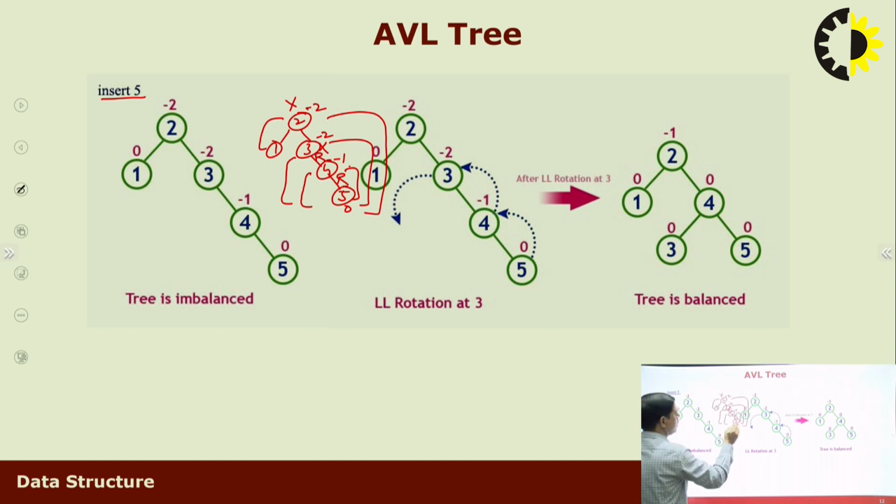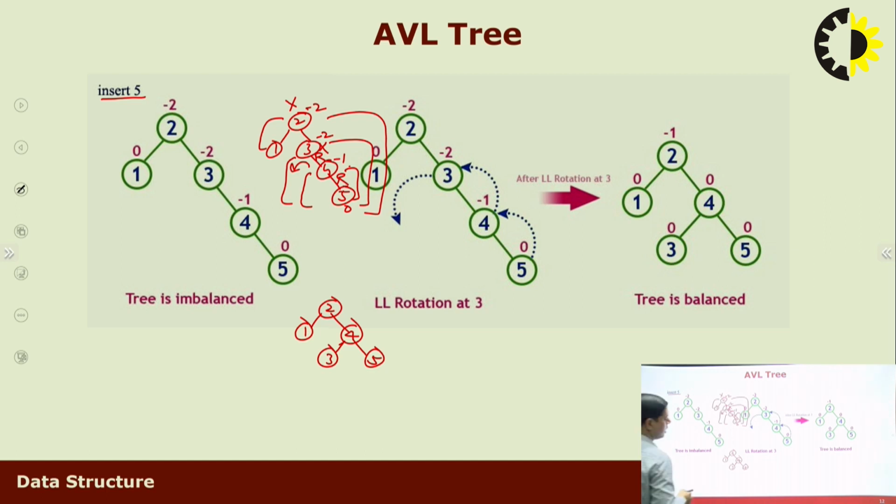If there is 2R, then we will rotate the tree in the left direction and after rotating, the tree will be like this. Here we are rotating in the left side. That means 4 will become the root, 3 will become the left child and 5 will become the right child.